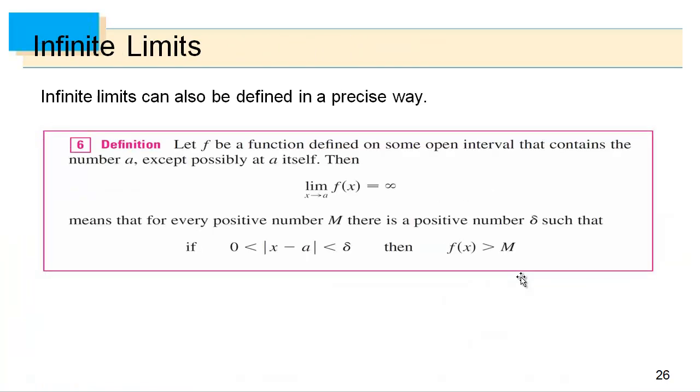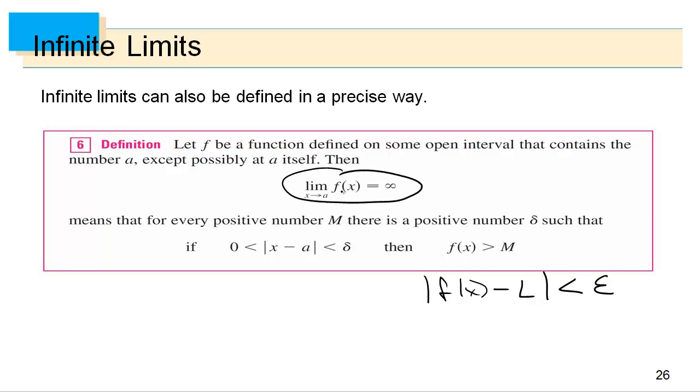Infinite limits are also very similar. The only real difference is instead of having this piece, which is the same, and then remember the original definition was that the distance between the function f of x and this limit L was less than some epsilon. Well, if we're trying to say that the limit as we approach a becomes infinity, then we can no longer say that the distance between the function and some number is within a certain amount, because if it blows up to infinity, it can't be capped, right?